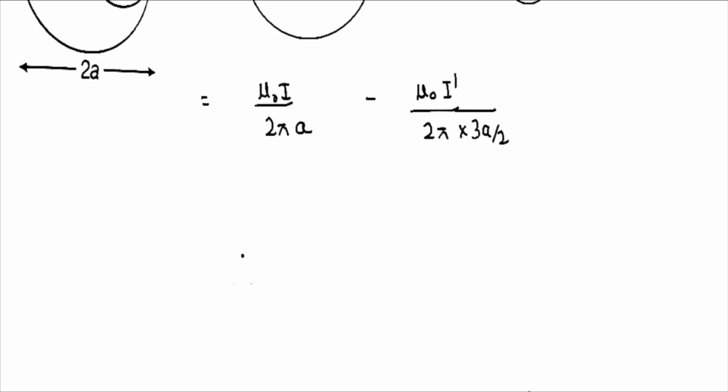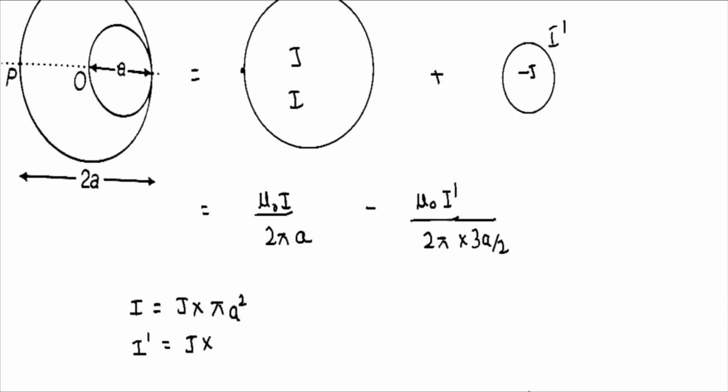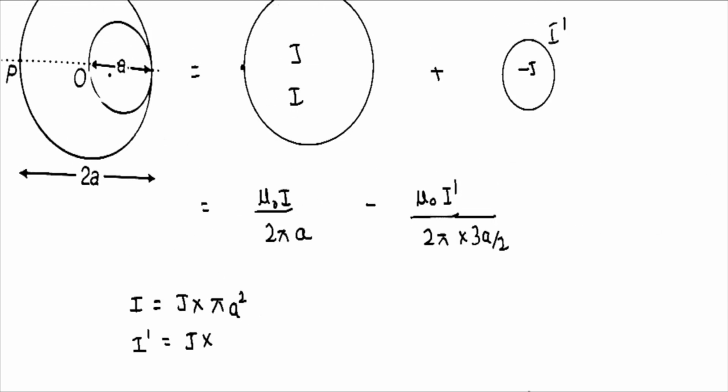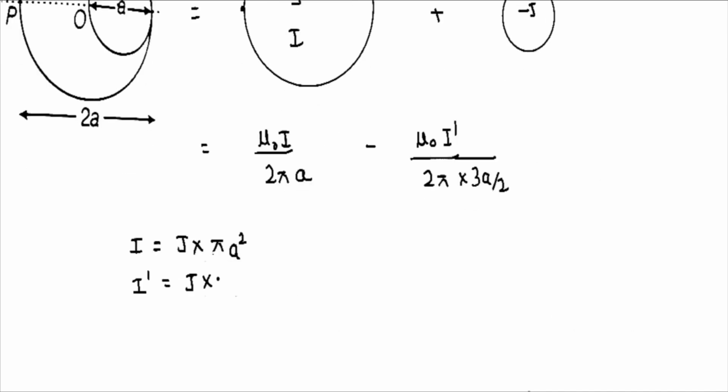I would be equal to current density multiplied by area, so here the value would be J times pi A square. And I dash would be equal to current density J times the area. Here the diameter is A, so the radius would be A by 2, and the area would be pi A square divided by 4.